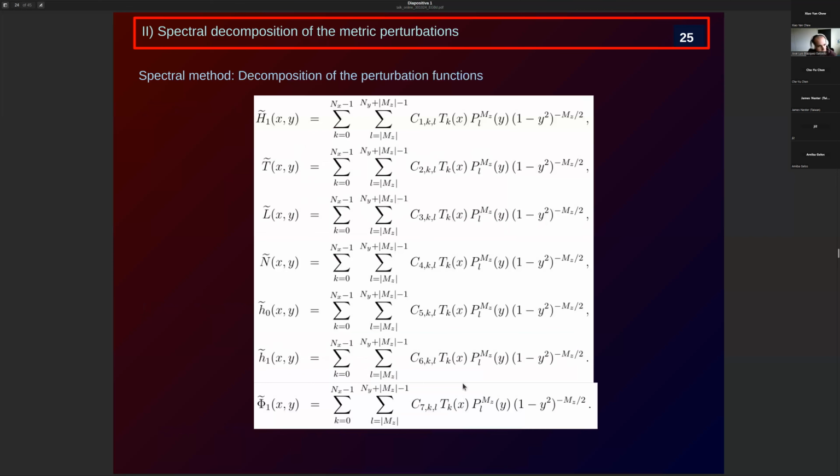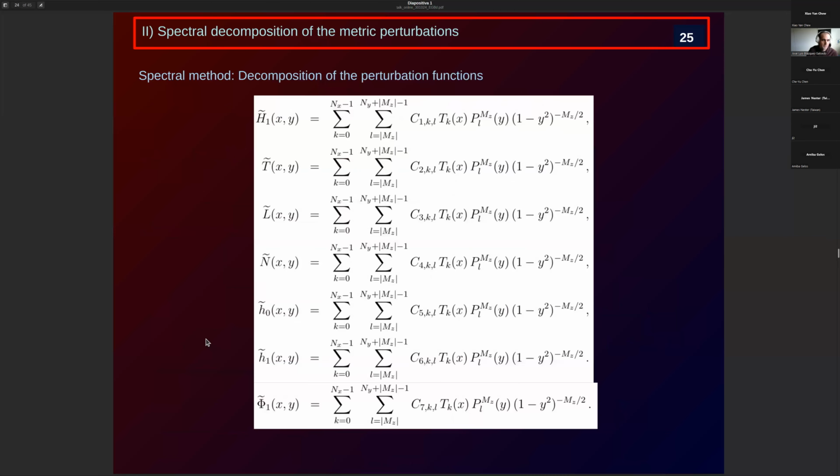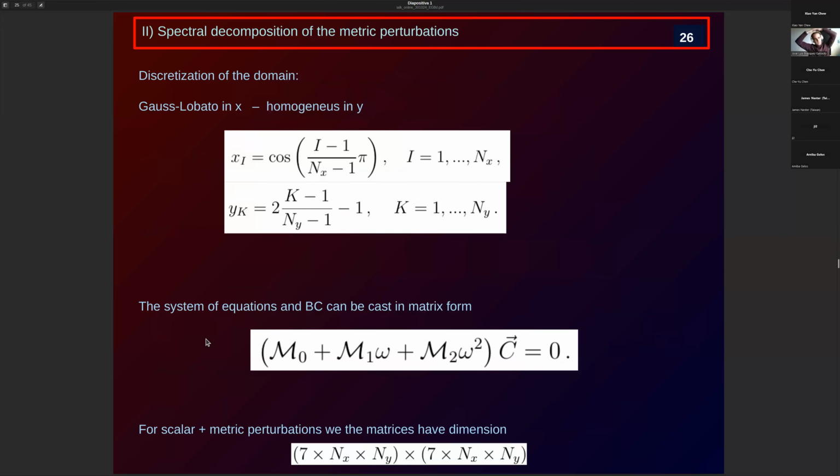For example, for a star you no longer have a horizon; if you want, imposing regularity at the center of the star can also be written as a set of boundary conditions. In principle, this method can be used for different objects and can be used, as you see, to treat the metric perturbations directly.